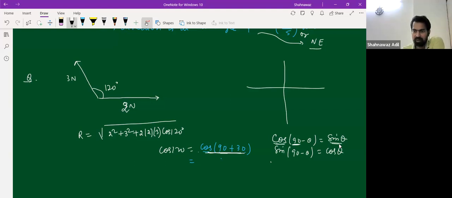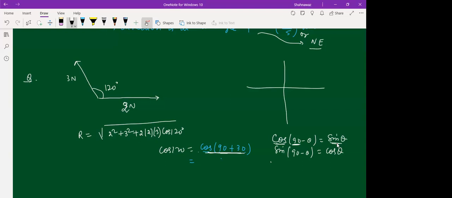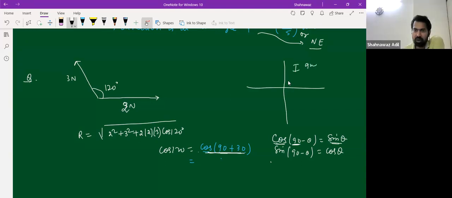And in the first quadrant, all the trigonometric ratios are positive. In the second quadrant, only sine and cosec are positive. In the third, only tan and cot are positive.